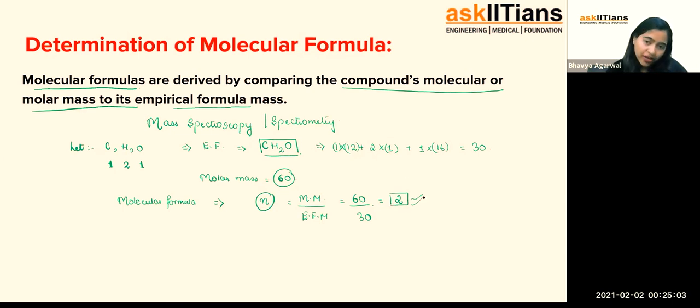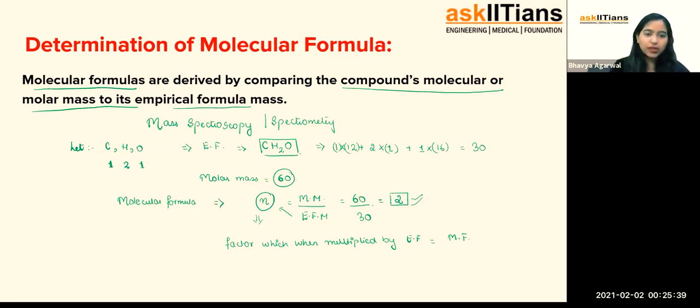Now, whatever is the ratio, it means this is the factor which, when multiplied by the empirical formula, will give me the molecular formula of the compound. Right? Just like cross multiplication. So the molecular formula has come from the empirical formula.